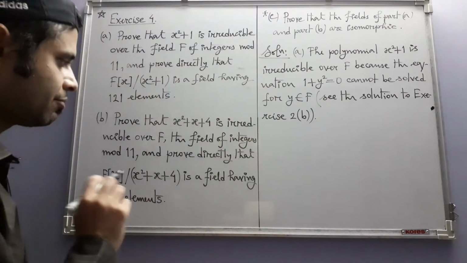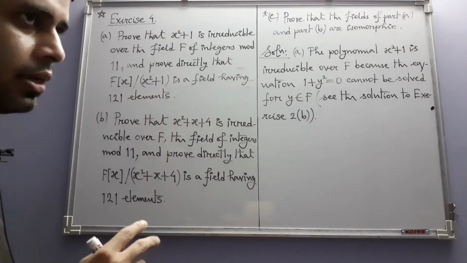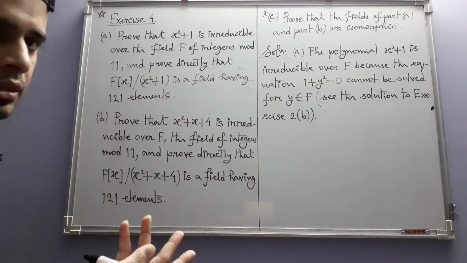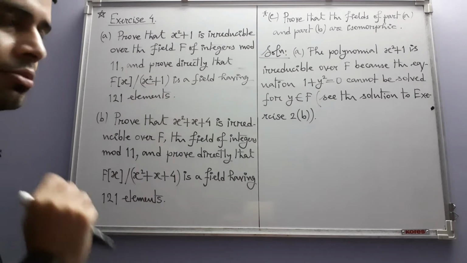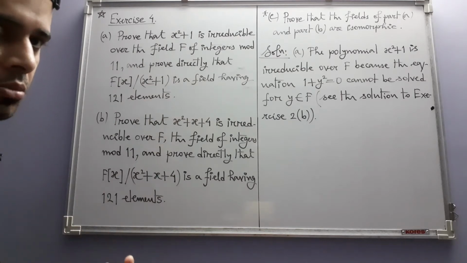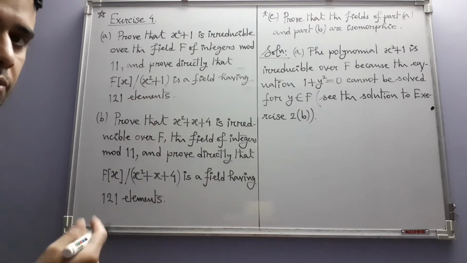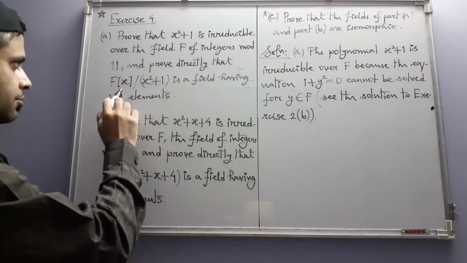Now we have to directly show that this ring is a field. That means we already know what are the things that we need to show. It should be shown to be a commutative ring. We know it is a commutative ring. It must have a unit element different from the zero element, which is also true.